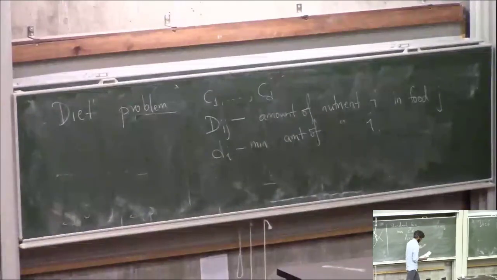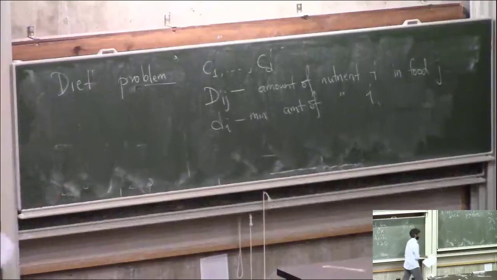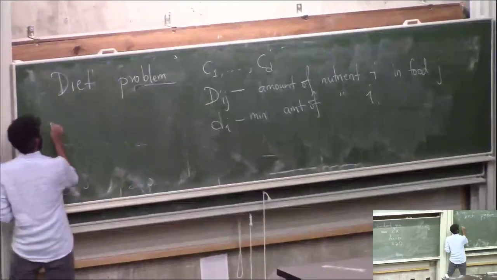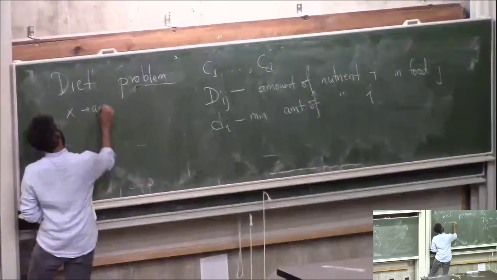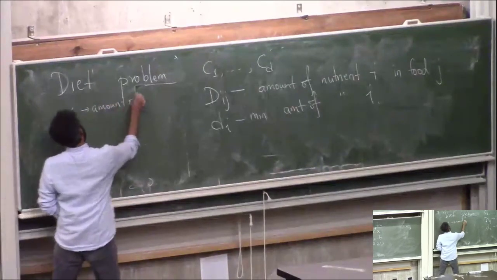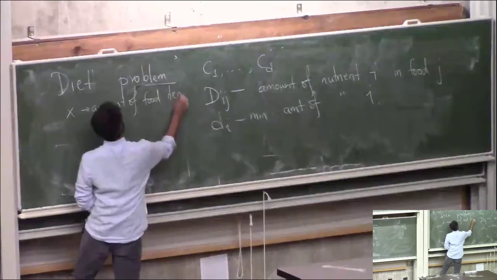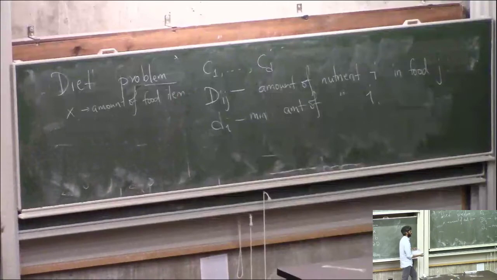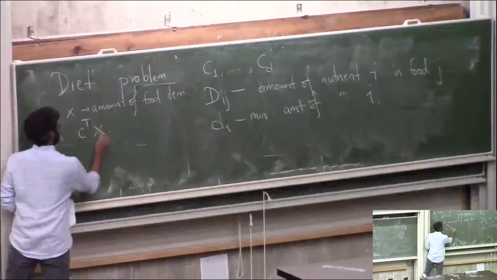Basically you'd like to minimize your cost subject to some constraints. So what are the constraints? I'm going to say x is the amount of food item that I choose to consume. My objective, the thing I'm trying to minimize, which is my cost, is just c transpose x.